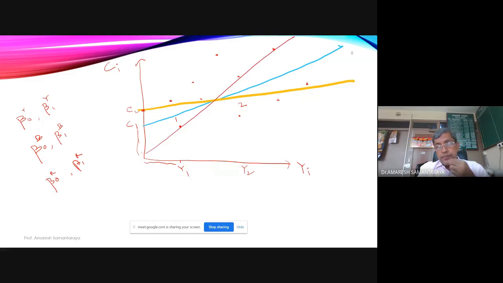So in this course, the estimation techniques which will be discussed are mostly of the type of least squares procedure. Okay, so is it clear? First, I discussed the econometric model's specification.